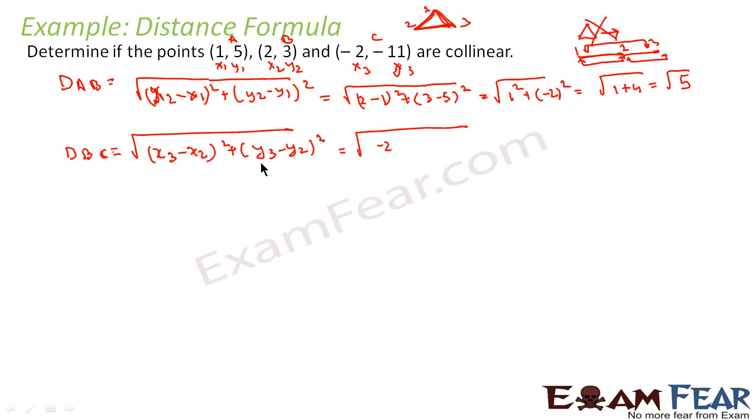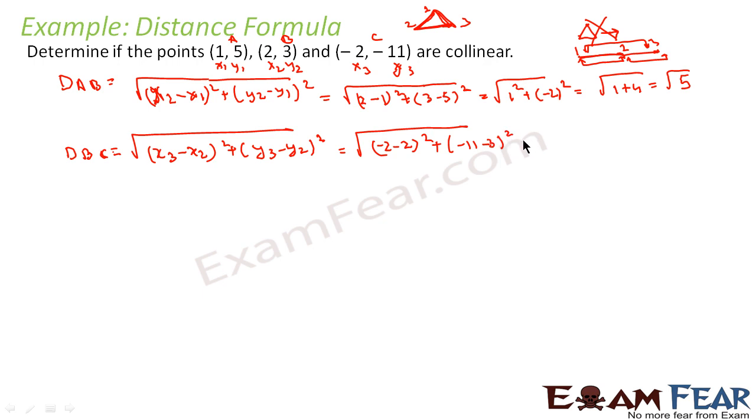What is the value of x2? 2. So (minus 2 minus 2) square plus (y3 minus y2), that is minus 11 minus 3, square.